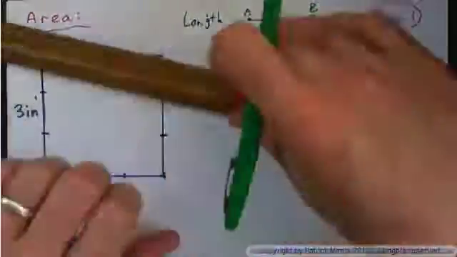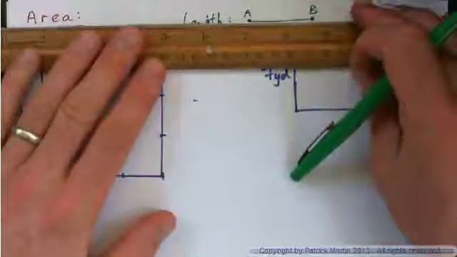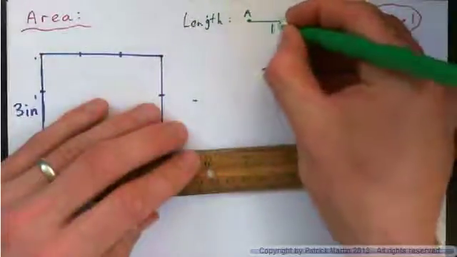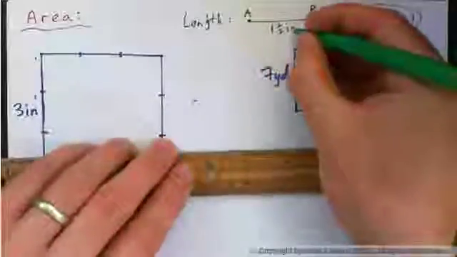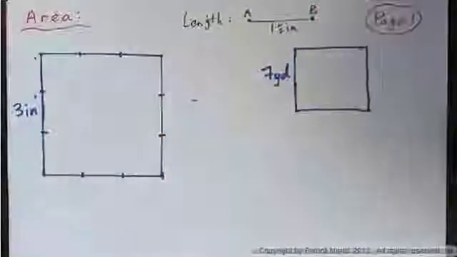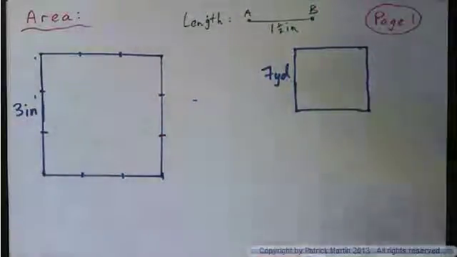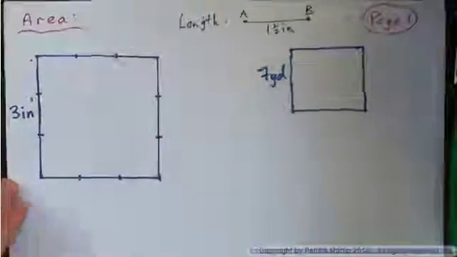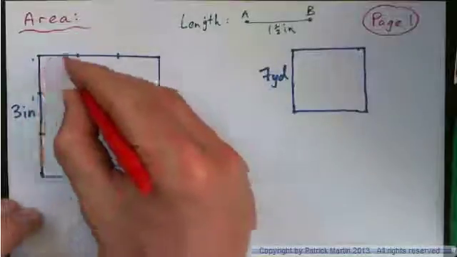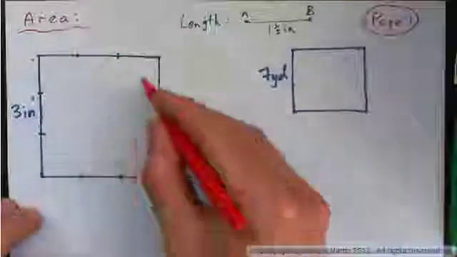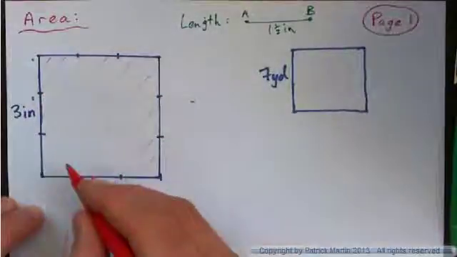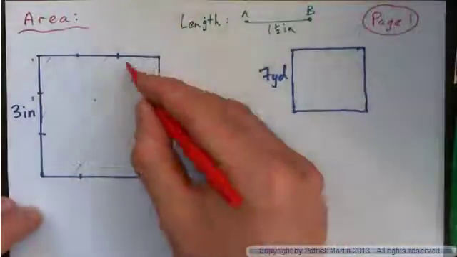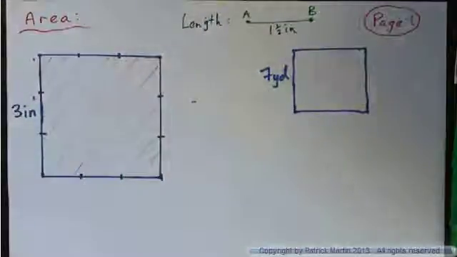That is 1.5 inches. That is the length of this line. But area is a measure of surface. It's a different concept altogether. So the area of this square here is a measure of the amount of surface it covers, kind of like a tile, a bathroom tile or a flooring tile, something like that.